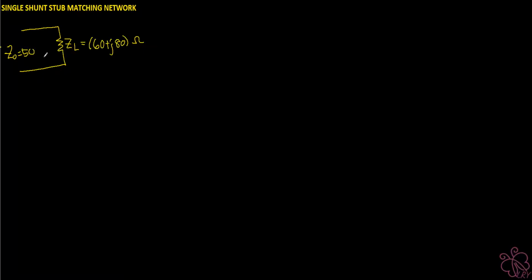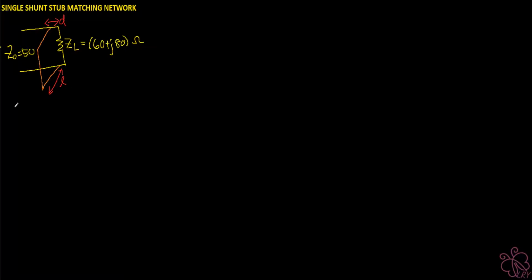In order to match our network, we have to add a single shunt stub to our system. So what we have to do is calculate the suitable distance from the load to our stub and the suitable length for the system.